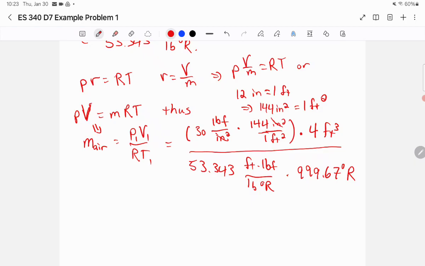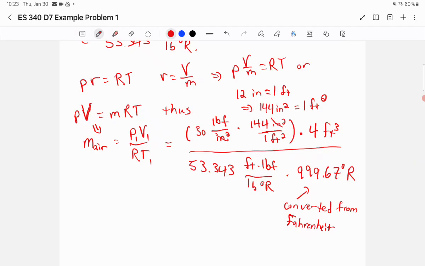So basically this converted from Fahrenheit. Remember, if we don't have a difference in temperature, you have to use the absolute temperature.